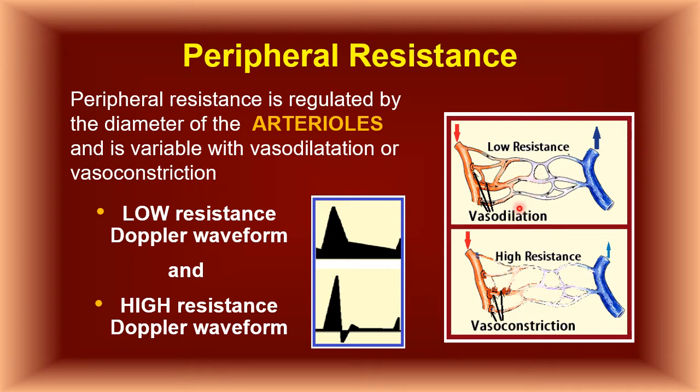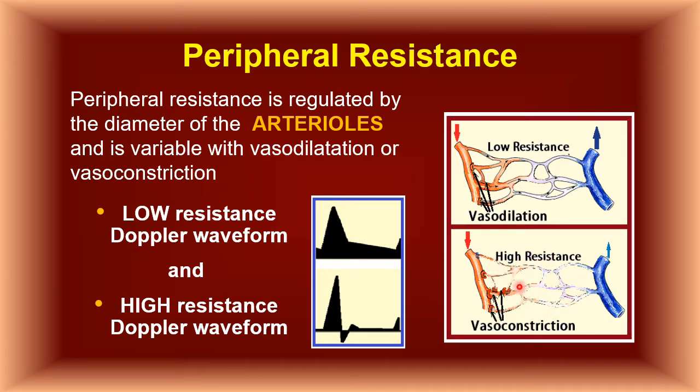The second status is vasoconstriction, like here. This illustration shows what will happen during vasoconstriction. These are the arterioles, and the sphincters are closed. What happened? There is reduction of flow to this area of tissue.